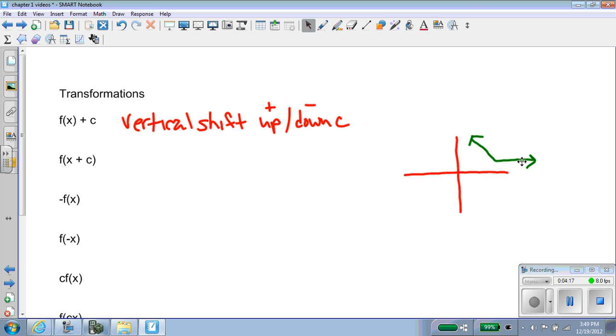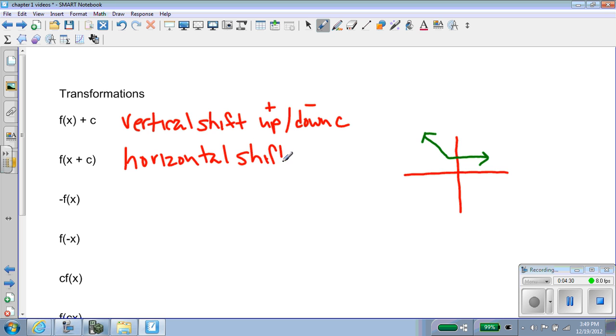For our trig graphs, it did the same, right? Horizontal shift. But recall, if I want to go left, I add c. And if I want to go right, I subtract c.